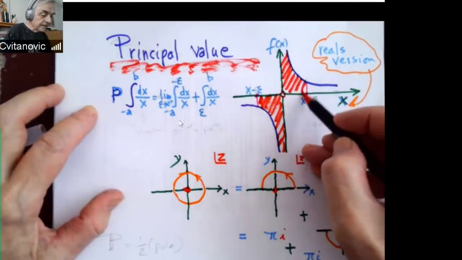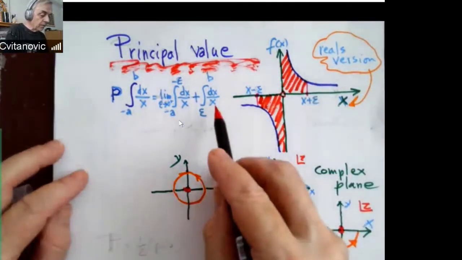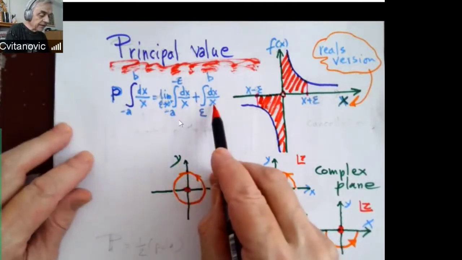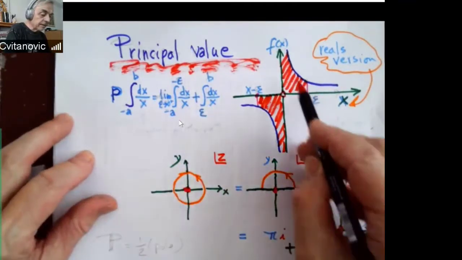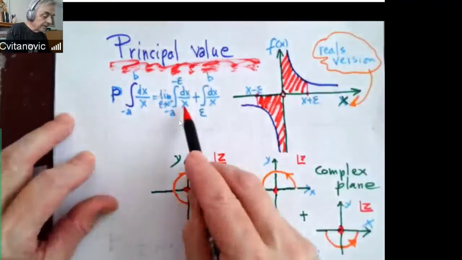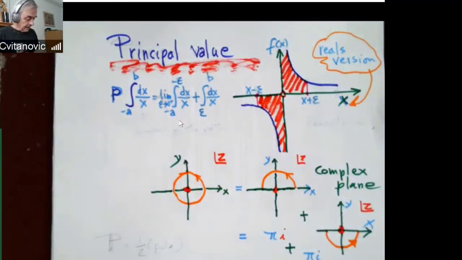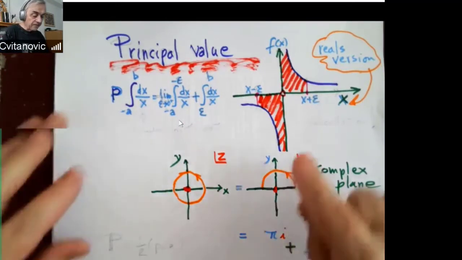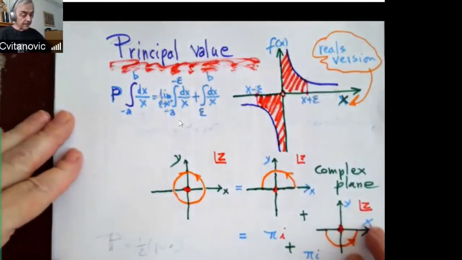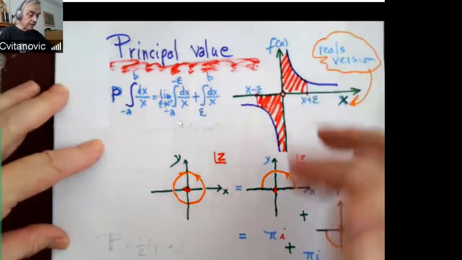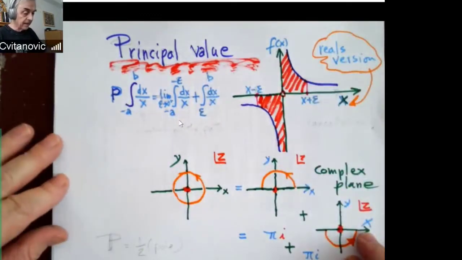Now what happens when you have a pole? On this side, x is positive, so the singularity blows up. On this side, x is negative, so the singularity goes down. And if you're close enough, these two integrals cancel each other exactly. One is positive, one is negative. They look the same.